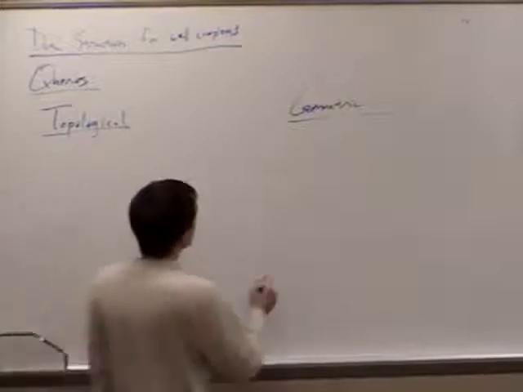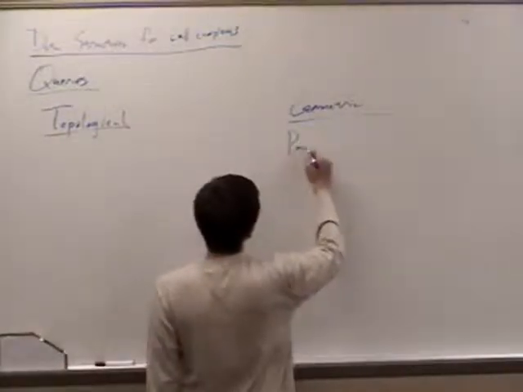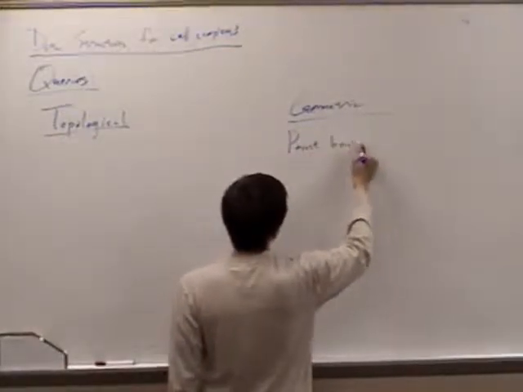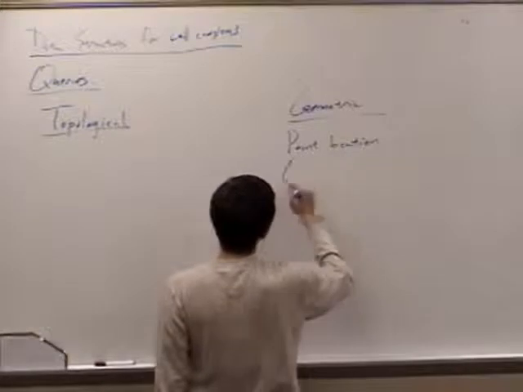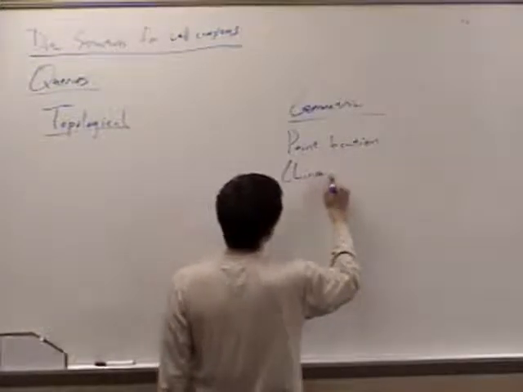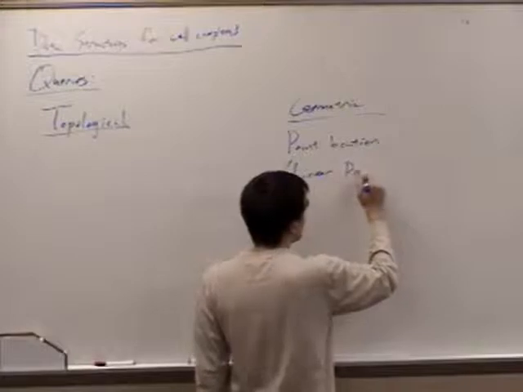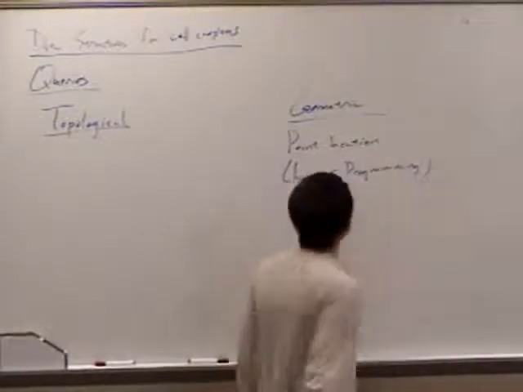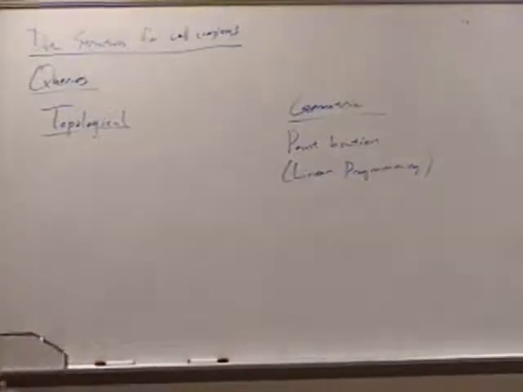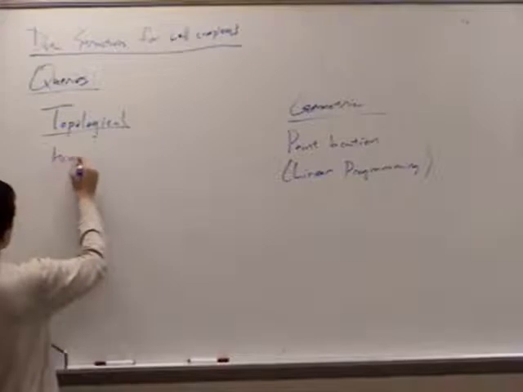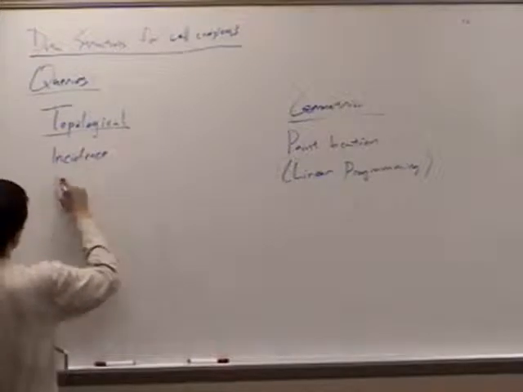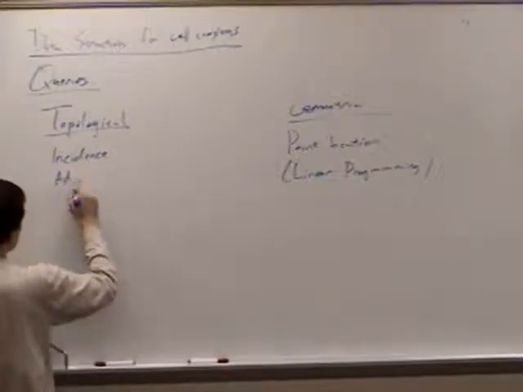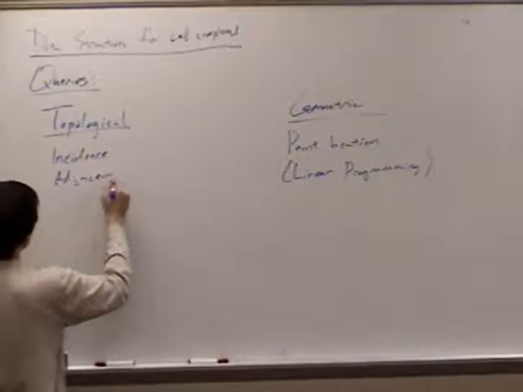So these things we'll call basically point location, although secretly, these are pretty much linear programming. So all the geometric queries we care about will turn out to be some variation of linear programming or another, really. The topological queries that we'll care about are going to be incidence and adjacency, which is, in a sense, very similar to incidence.